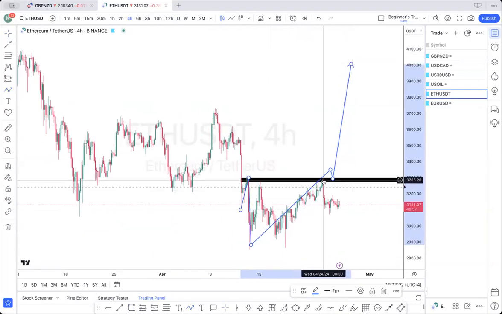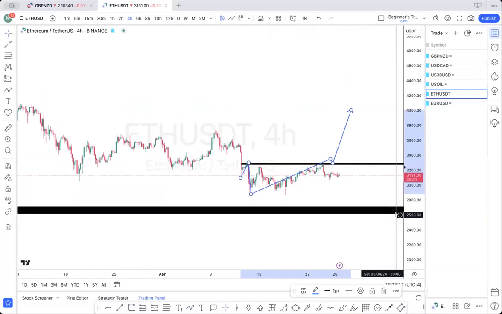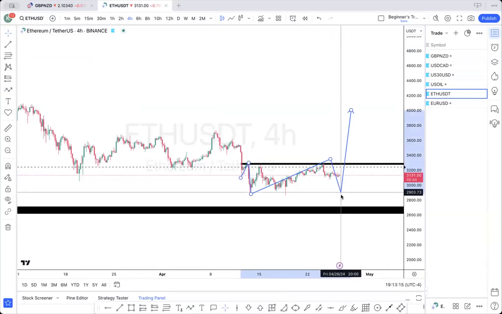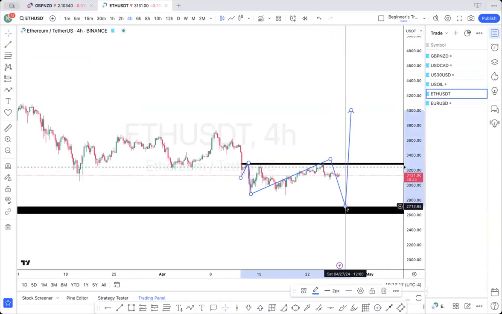But as you can see, price pulled back, started breaking lows. So I'm looking for a pullback to sell down, back down to this zone I have right here. That's what I'm looking for.